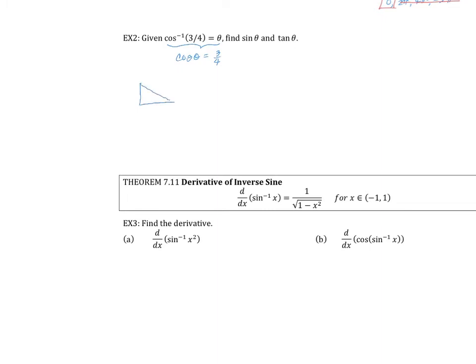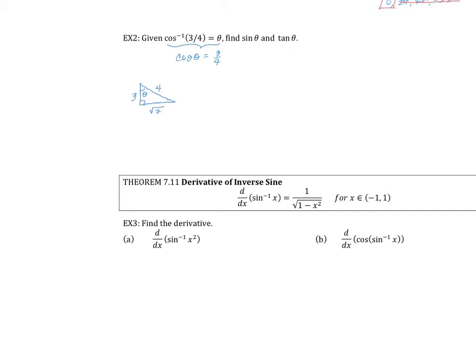And here's my sad looking triangle. Oh my gosh, that's horrible. Okay, so if this were my theta angle, remember cosine is adjacent over hypotenuse, so it would be 3/4. And then completing this right triangle, the missing side would be the square root of 7. And that's it.